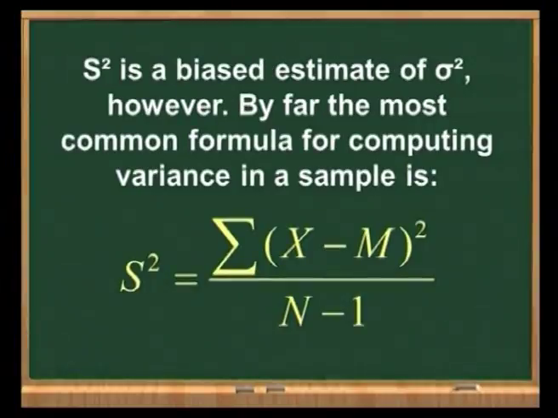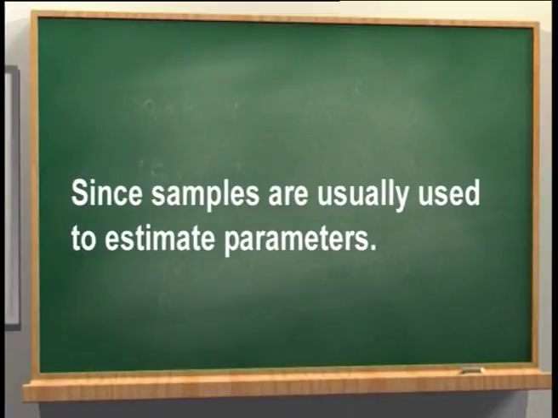However, by far the most common formula for computing variance in a sample is S squared equals the sum of (x minus M) the whole squared divided by N minus 1, which gives an unbiased estimate of sigma squared. Since samples are usually used to estimate parameters, S squared is the most commonly used measure of variance.